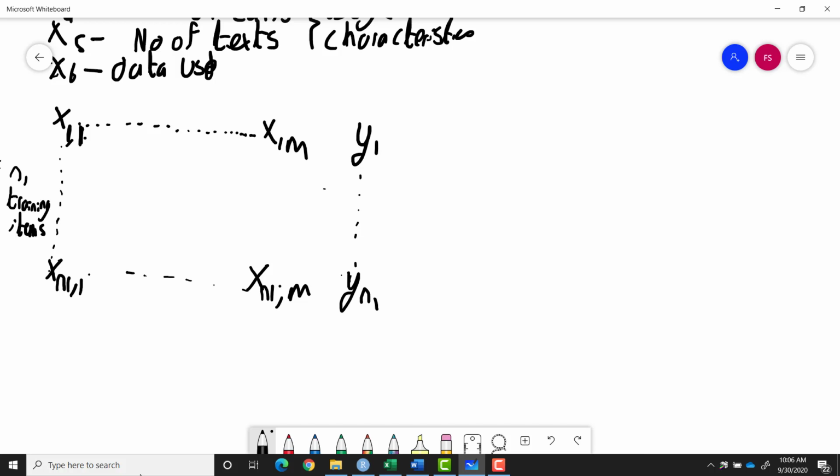n2 is 500. And then we start off with our test data, so the row n1 plus 1. And this will go all the way to x n1 plus n2, with the test data.